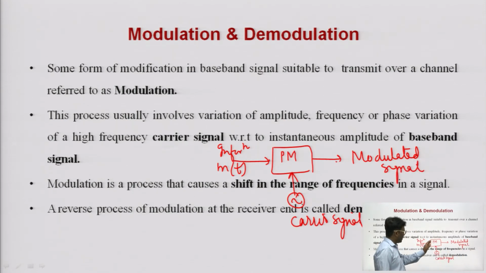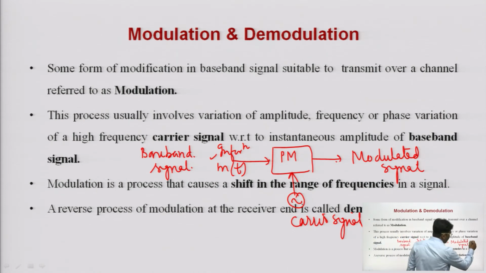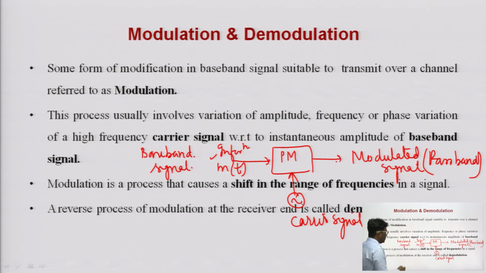The product modulator and the oscillator which generates the carrier signal are part of the transmitter. This information signal m(t) is, as we discussed earlier, the baseband signal, while the modulated signal is also known as the passband signal. The baseband signal is also known as the modulating signal.